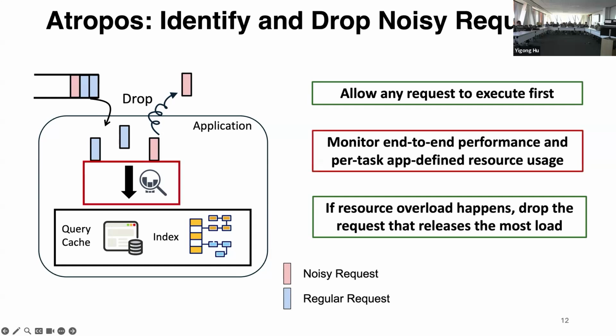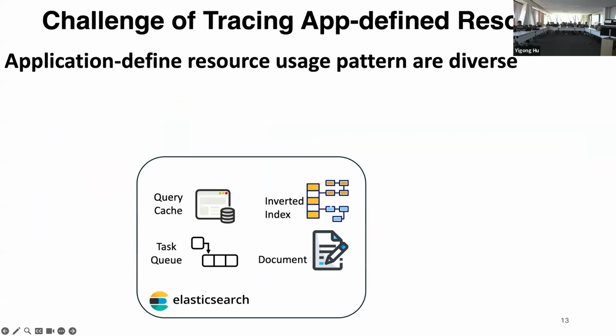So I will first talk about how we monitor the performance and the resource usage inside the applications. The challenge for monitoring application-defined resources is that we have diverse types of them. They are defined by developers, and each application has its own implementation and usage patterns.